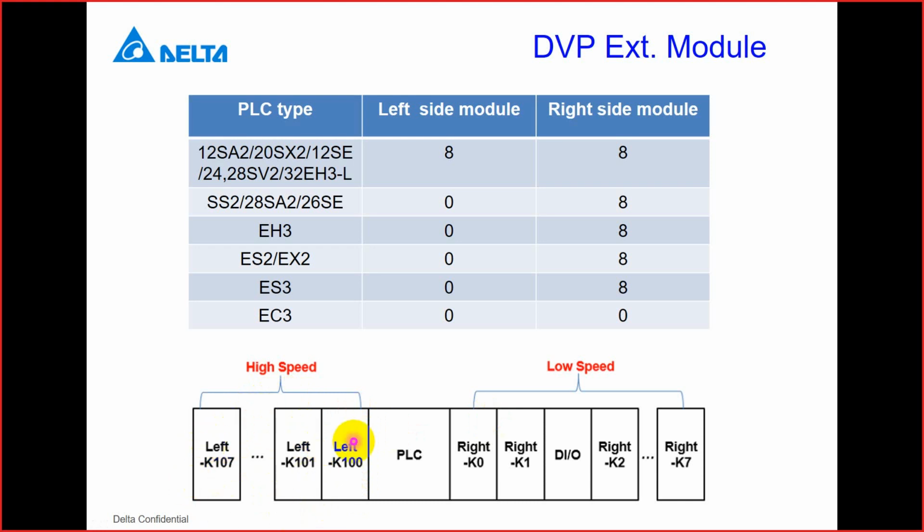So basically, like a load cell module, communication module, or analog module can be added like this. And for the left-hand side, we'll start from 100 then until 107. So that's the difference for all the DVP series extension modules. Not sure, do you have any question? This one is actually very important.